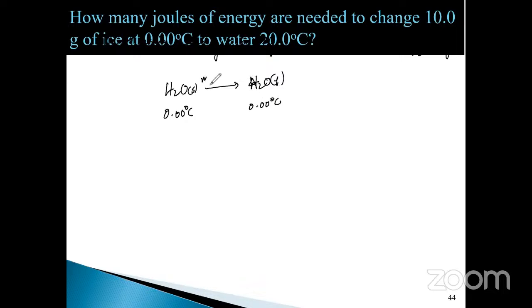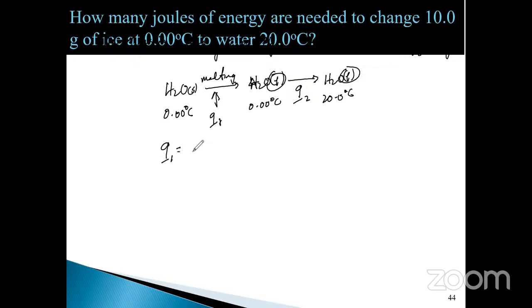So this is melting, all right? And then you're going to change H2O liquid at 0.00 degrees Celsius to H2O liquid at 20.0 degrees Celsius. So this is basically an increase in temperature. There's no change in state, because you started with a liquid and ended with a liquid. So we need to find these values. I'm going to call the first Q1, and the energy for the second change is Q2. So how do we get Q1?